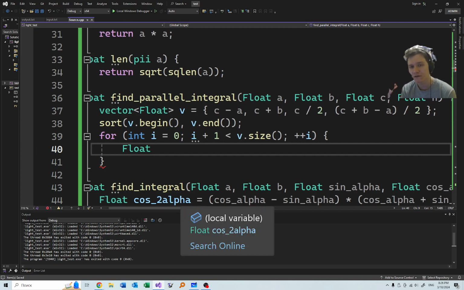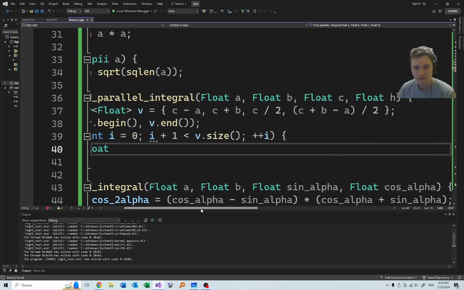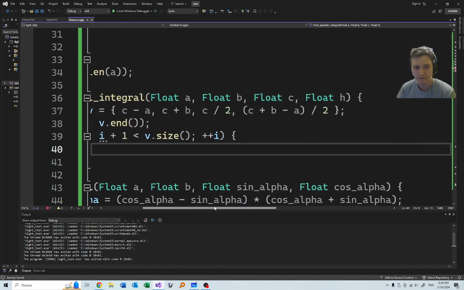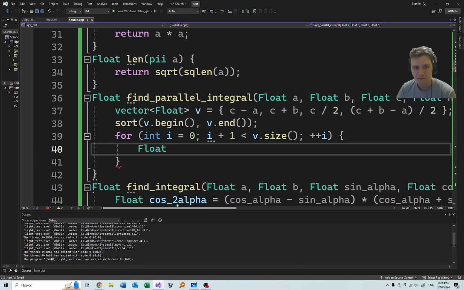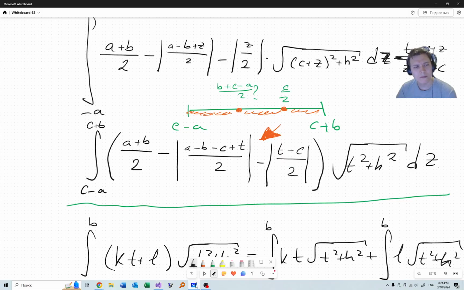So I need to integrate from a to b. I need to integrate from minus a to plus b.